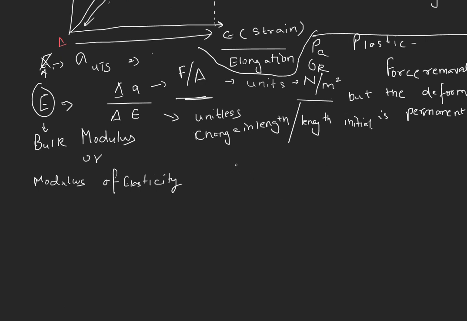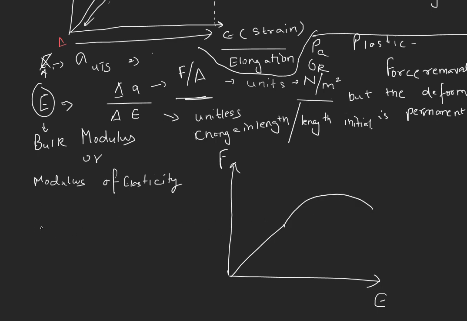And another thing to keep in mind is sometimes we are given force versus elongation and the curve looks the same, because let's see how. This is the elastic region in the force and elongation curve, and this is plastic.